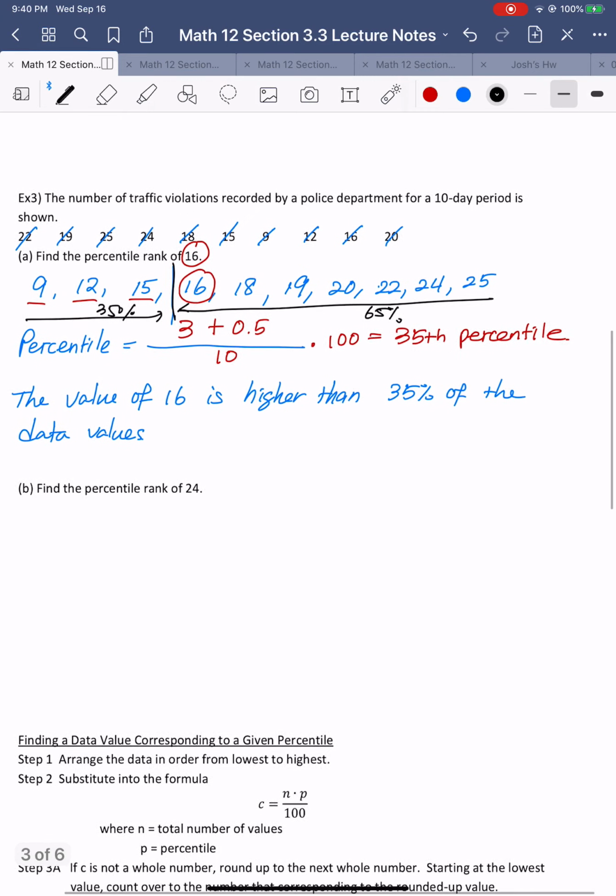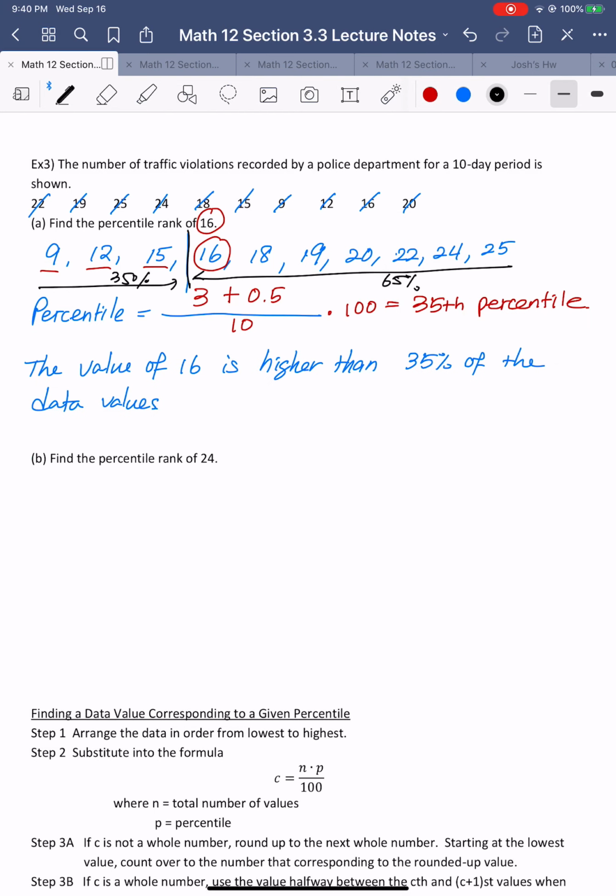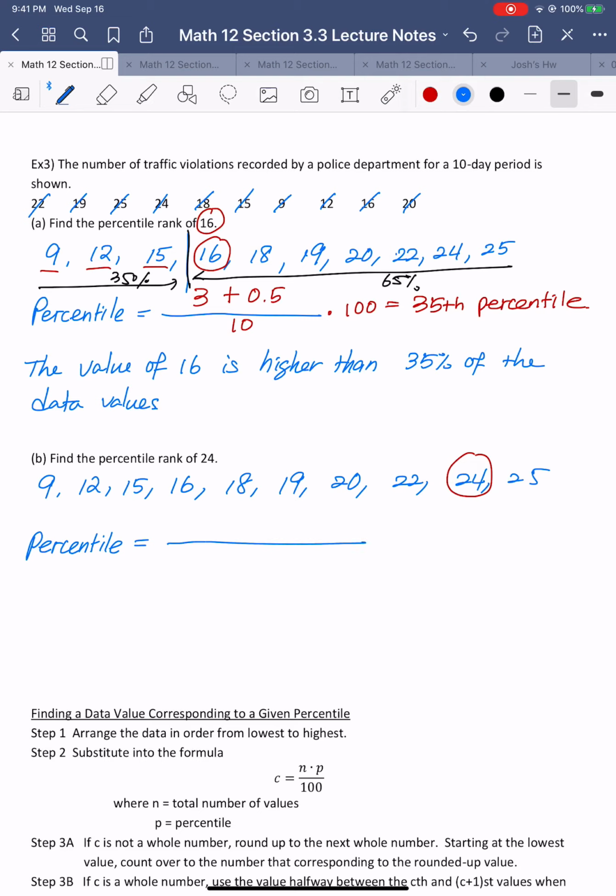Okay, and now find the percentile rank of 24. So we have the ordered numbers, and we need to find out where the 24 is. We are looking for the percentile rank of the 24. So how many numbers are below the 24?